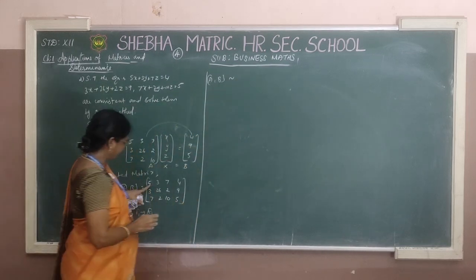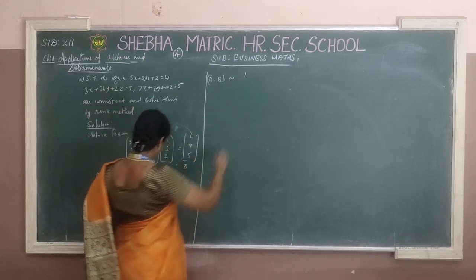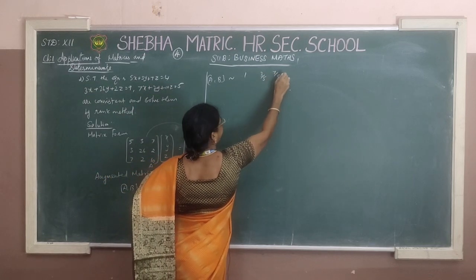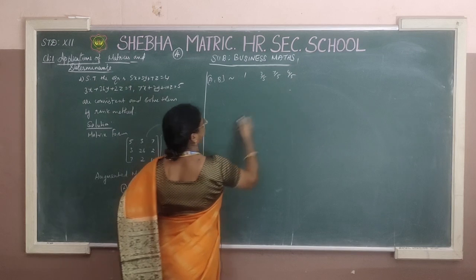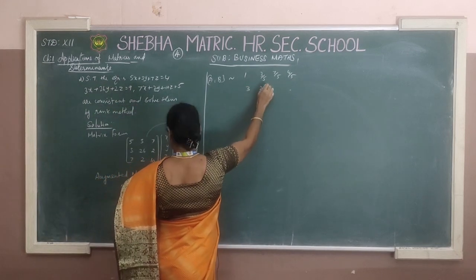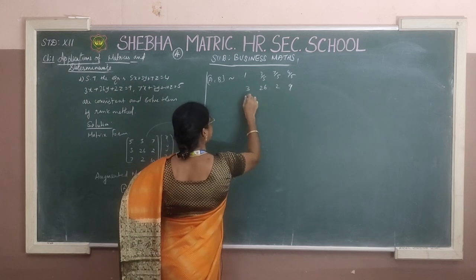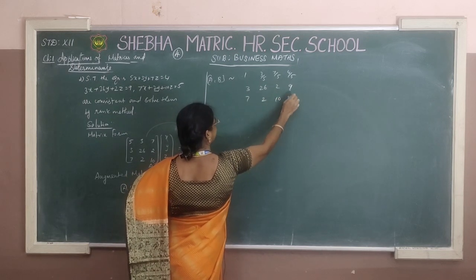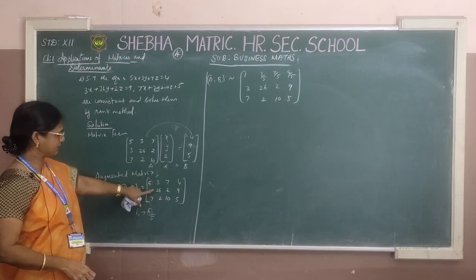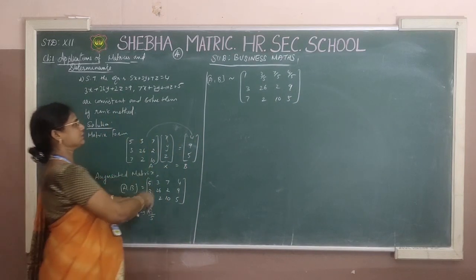So 5 by 5 is 1 and 3 by 5. Next one 7 by 5, last one 4 by 5. The second and third rows are written as they are: 3, 26, 2, 9, 7, 2, 10, 5.